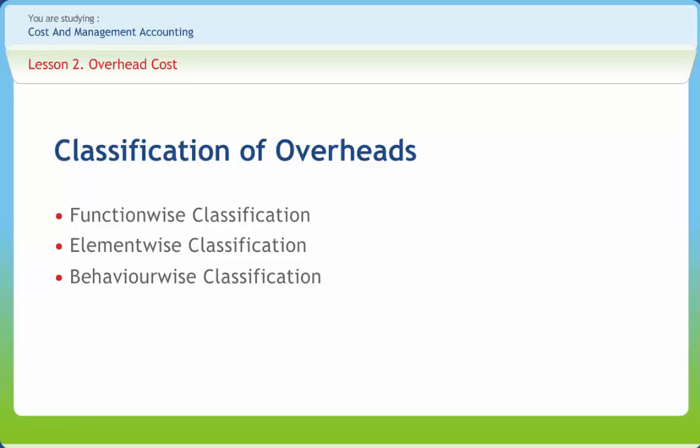Under element-wise classification, the overheads are segregated in accordance with the nature and source of expenditure. This is to be carried out in line with the principles of overheads.